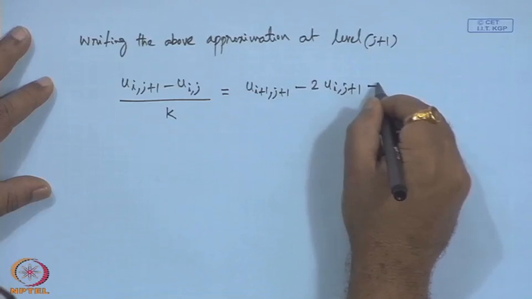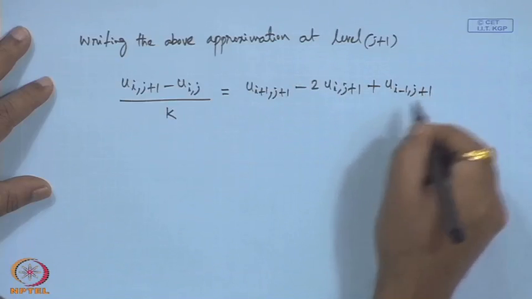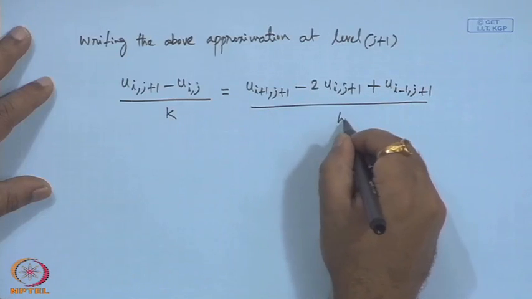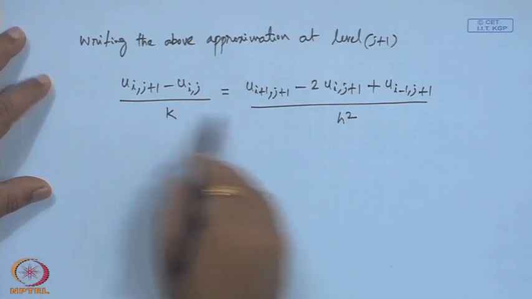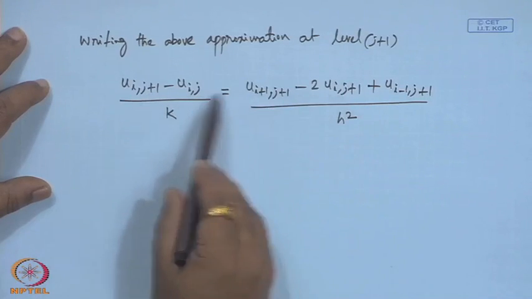You can see two levels involved, j plus 1 and j.